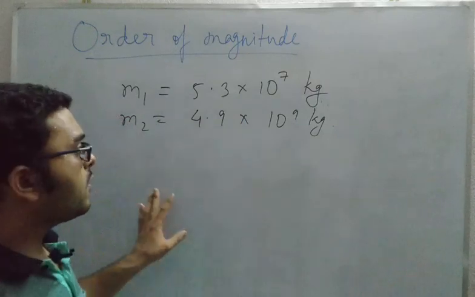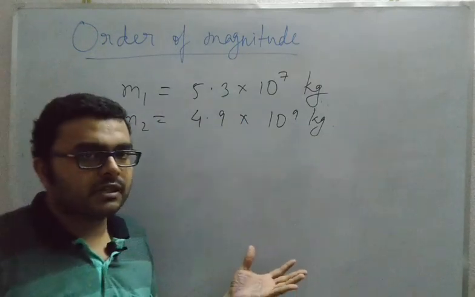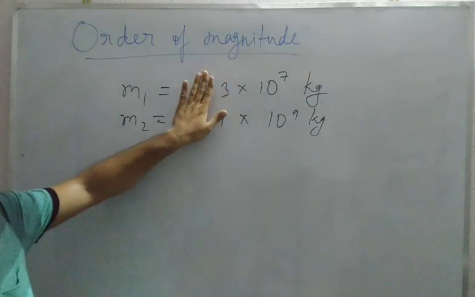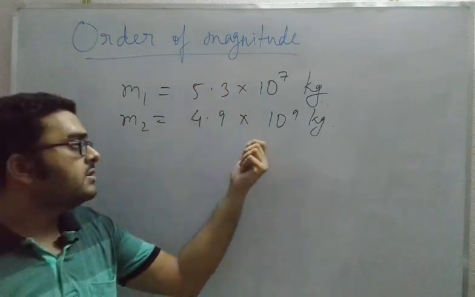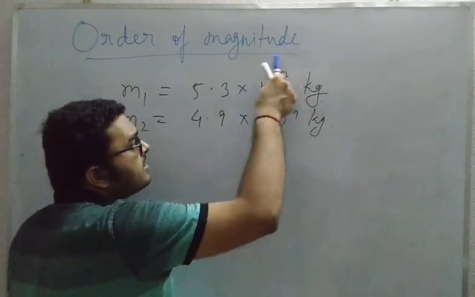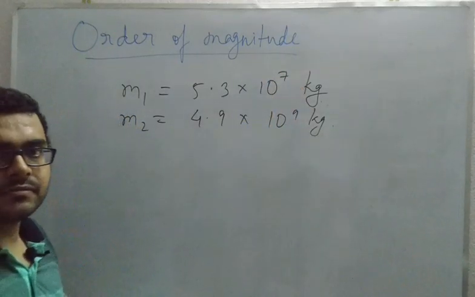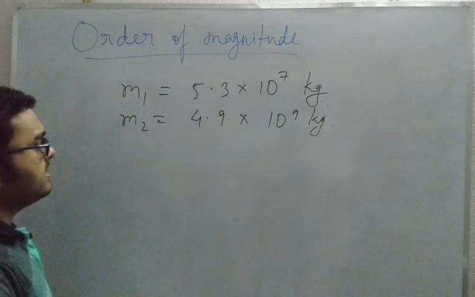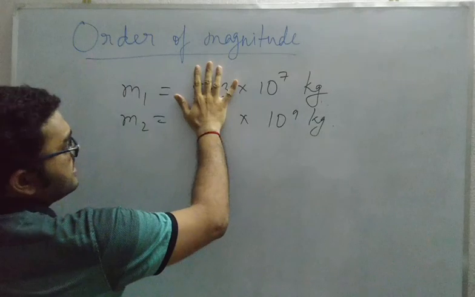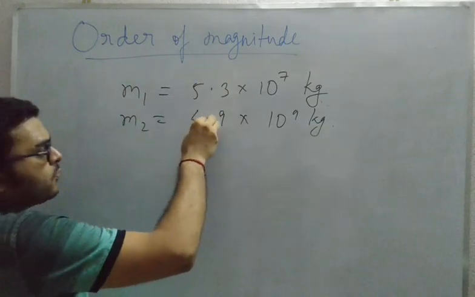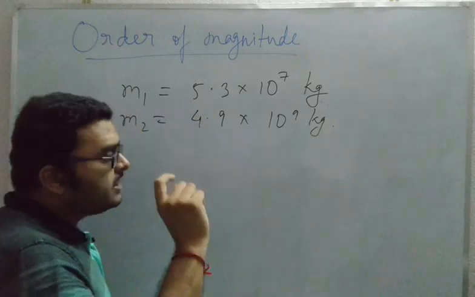So actually, while comparing these two masses M1 and M2, we may just omit this part. We can make the comparison just by seeing the power of tens. If I say the mass of one is 10 to the power 7 kg and another is 10 to the power 9 kg, does this 5.3 or 4.9 make any huge difference?